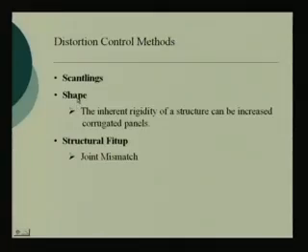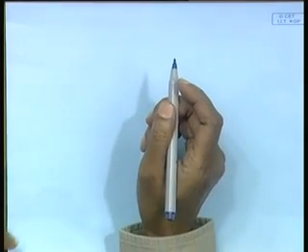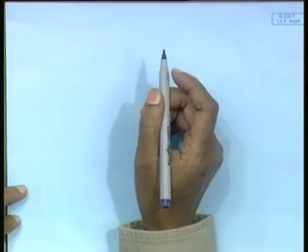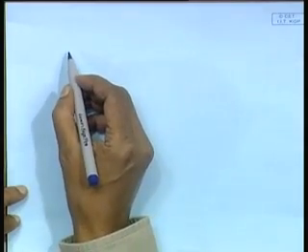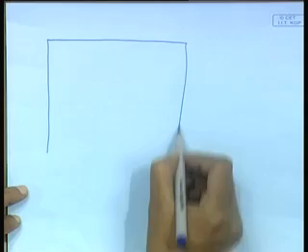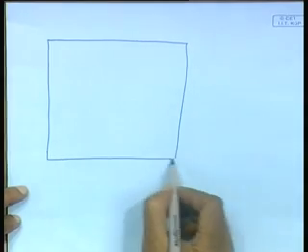Then the shape of the structure. The inherent rigidity of a structure can be increased by corrugated panels. One simple example is the accommodation bulkhead. Suppose I am just drawing a vertical accommodation bulkhead.